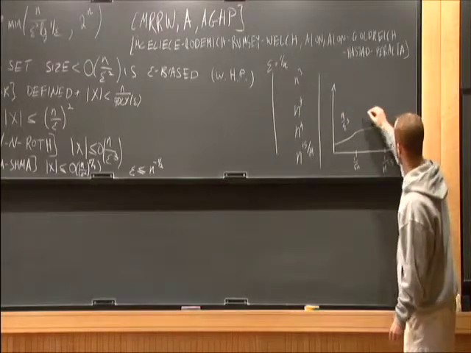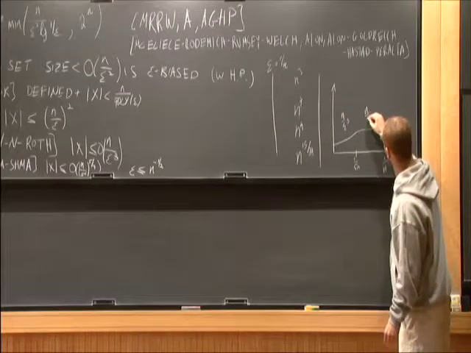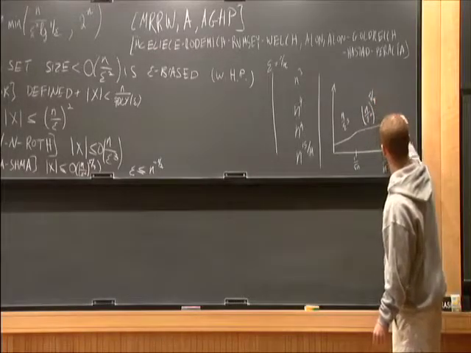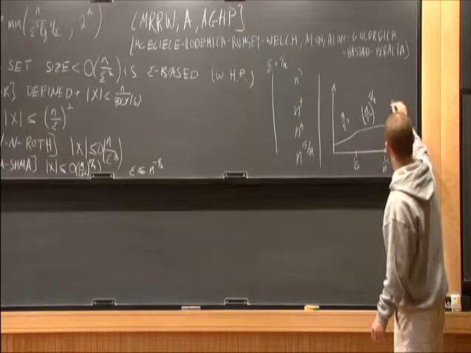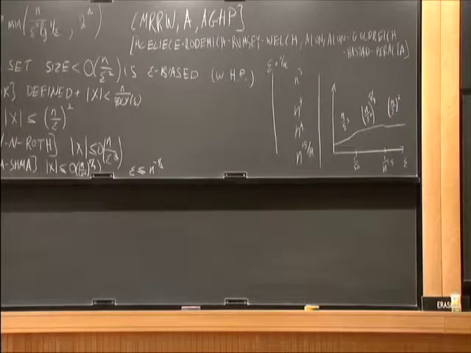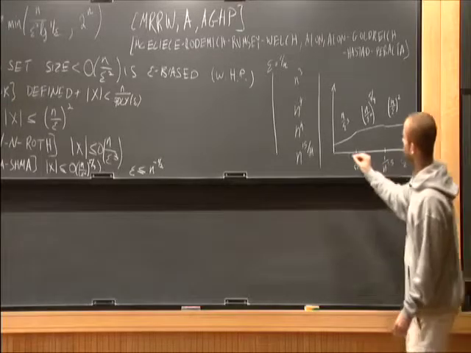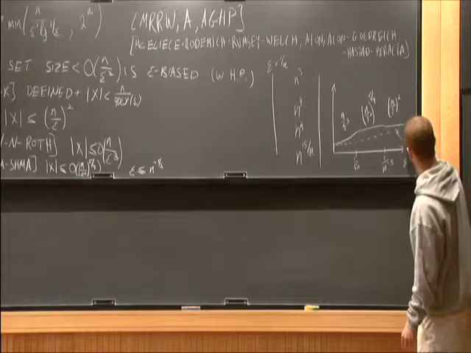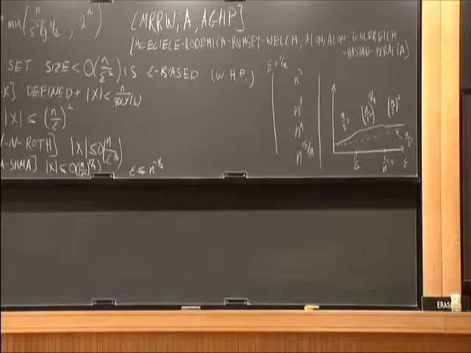In this region, it goes n over epsilon squared to the 5 over 4, and in this, n over epsilon squared. So this is how it looks like. And below all of this, there is some lower bound, which is n over epsilon squared. So this is the way the world looks like as we know it today.